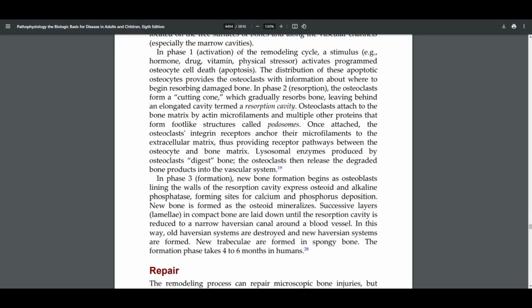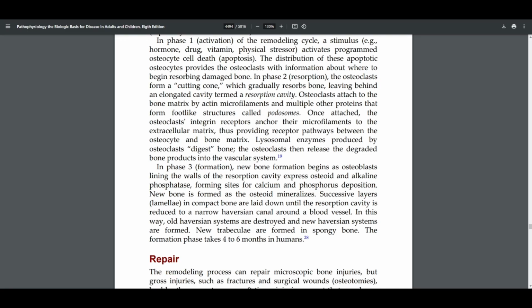In phase 1, activation of the remodeling cycle, a stimulus activates programmed osteocyte cell death. The distribution of these apoptotic osteocytes provides the osteoclasts with information about where to begin resorbing damaged bone. In phase 2, resorption, the osteoclasts form a cutting cone which gradually resorbs bone, leaving behind an elongated cavity termed a resorption cavity.